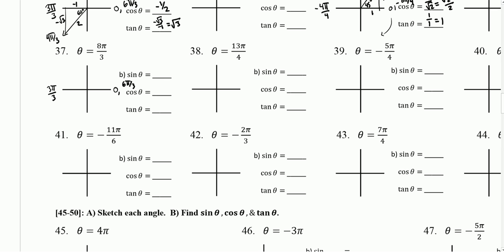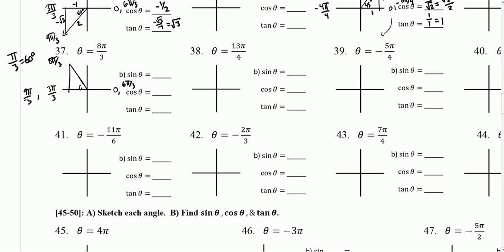Add another, 9 pi over 3. So 8 pi over 3 is in quadrant 2. And the reference angle is the difference between 8 and 9, which is pi over 3, which is 60 degrees.